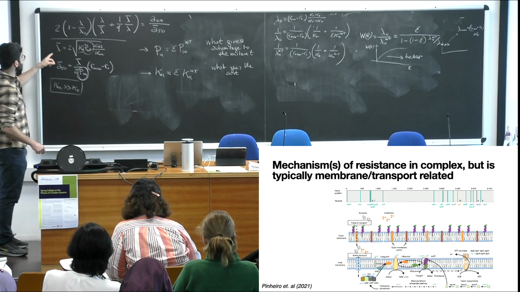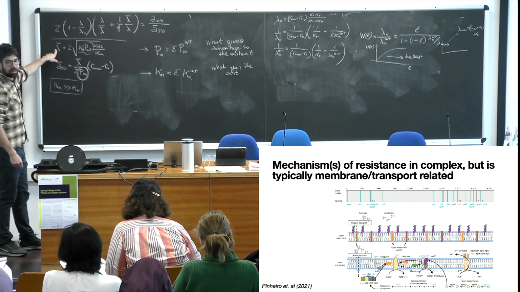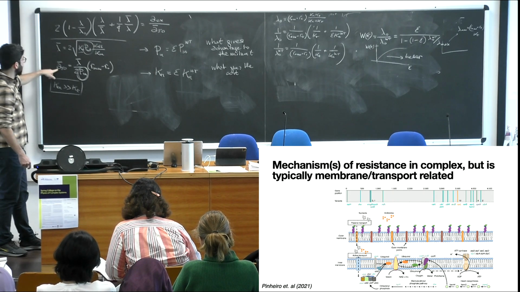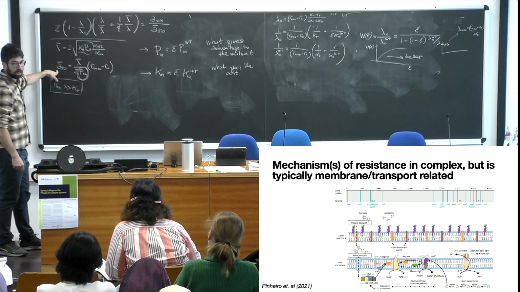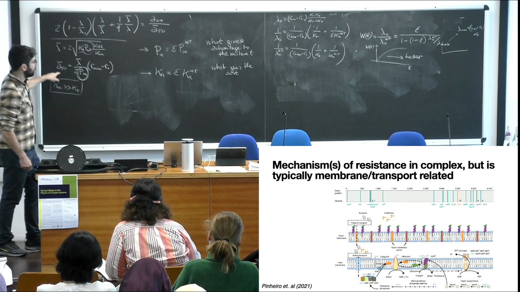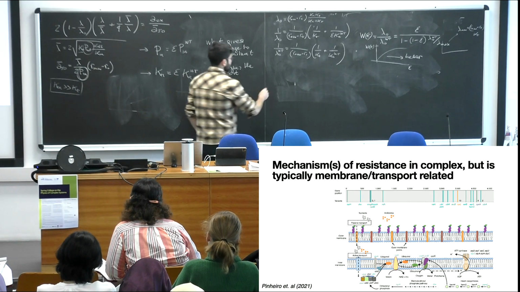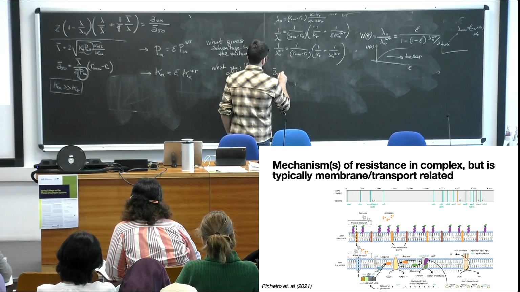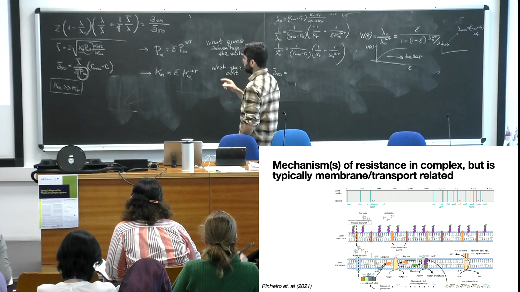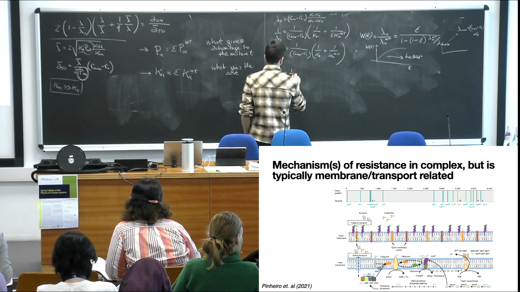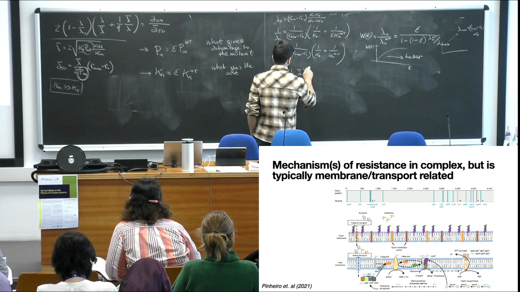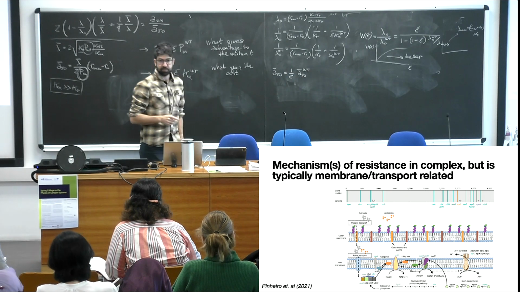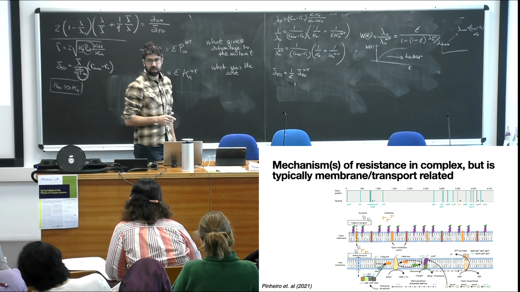Well, the first point is that we see that the lambda bar doesn't change. Right? The only thing that changes is A bar 50. Okay? So A bar 50 is going to be equal to 1 over epsilon of A bar 50 of the wild type. Okay?